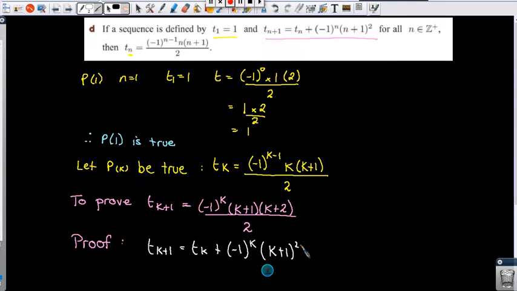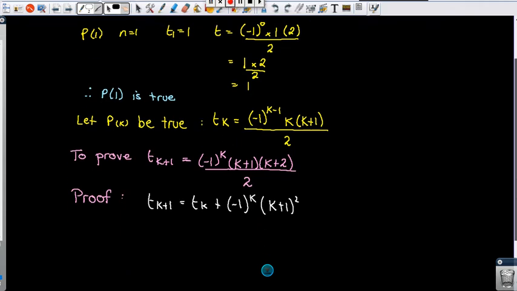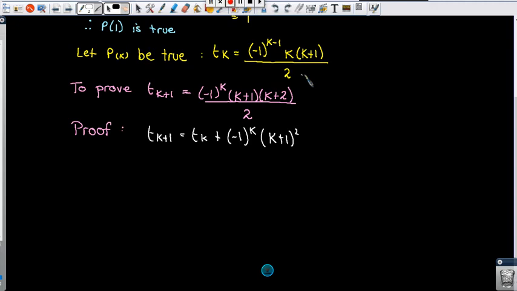So what do I do now? I've got this. What do I do next? Excellent. Substitute your T(k) in there. So that's the bit that we were assuming was true over here. So we're going to substitute this T(k) in here.